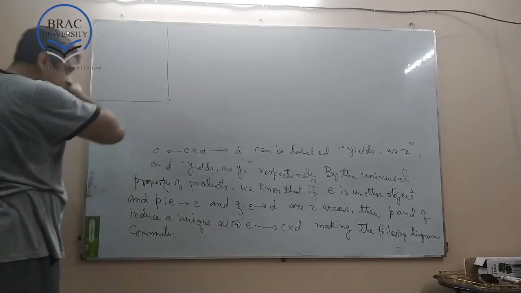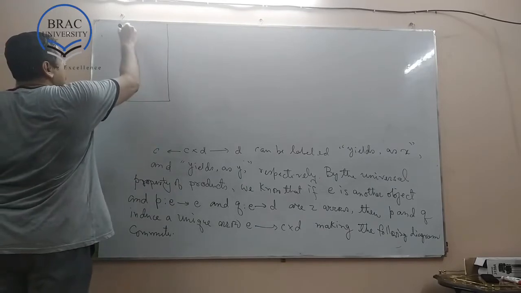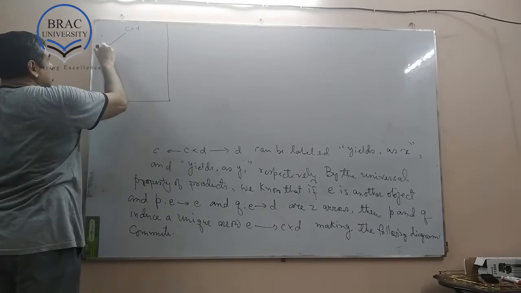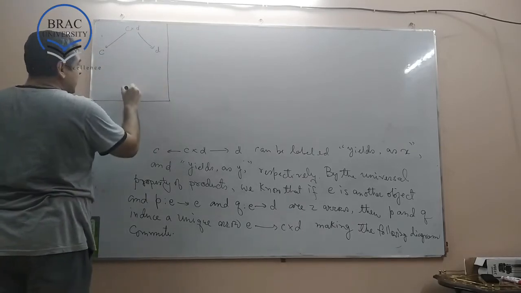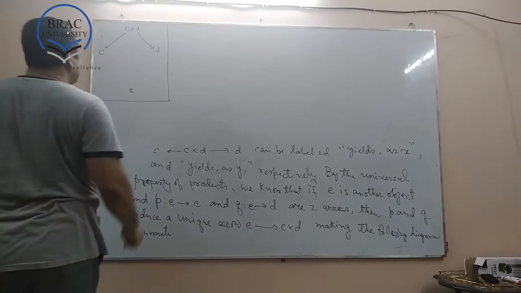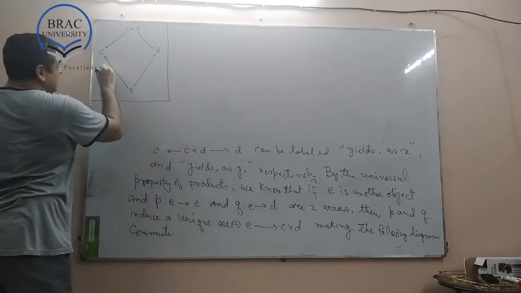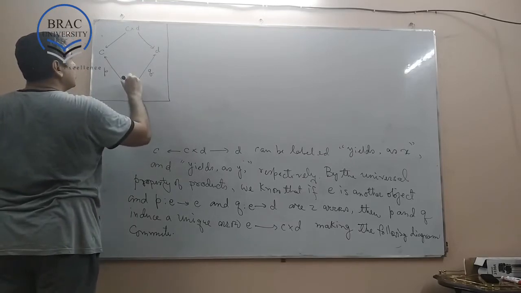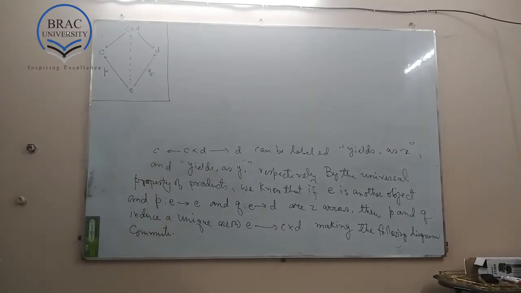We have this product, and we have these two canonical projections. And then for any other object of this O-log and given two arrows p and q, we must have a unique arrow from E to C cross D.